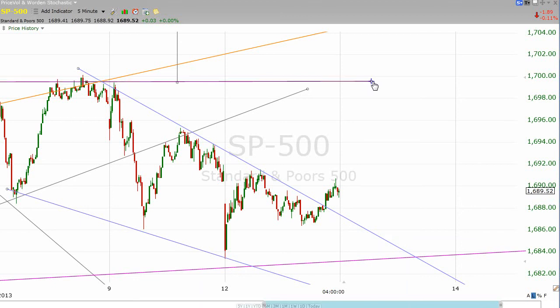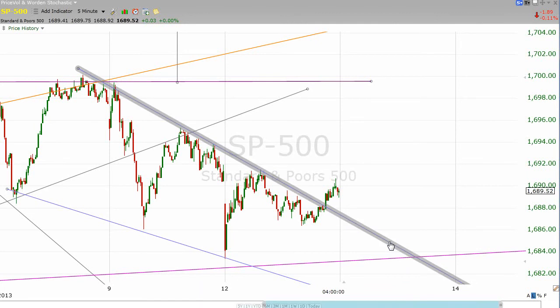1700 level again. So we close the day over this line, and as always, when you break one of these resistance lines, you have to be prepared for a back test. So it would not surprise me if sometime tomorrow, if we start up, we may have to come back and back test this.